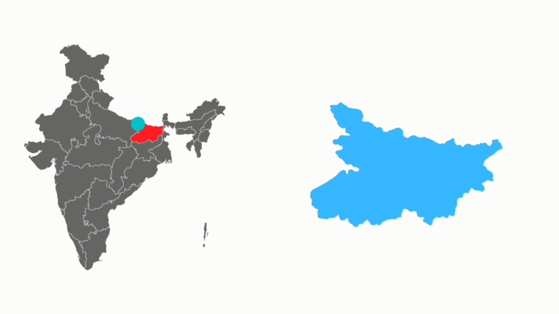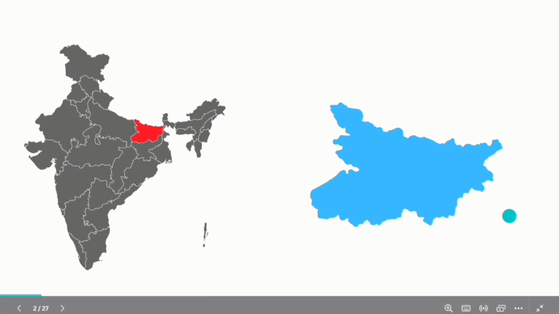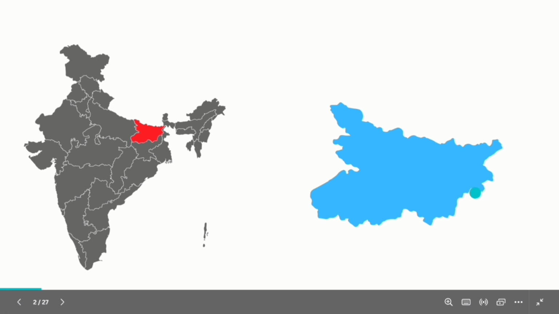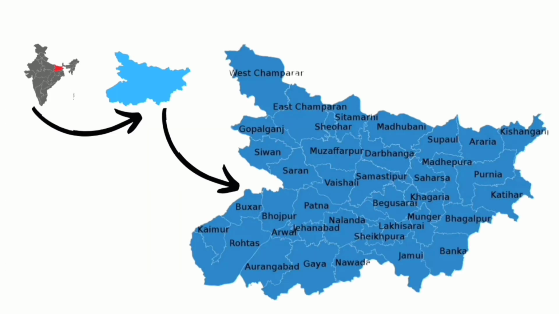There are 28 of them, and this is one such state. Let's say there is some place in this state for which we want to forecast the population. So from a country, we came to a state, which is a subdivision of a country. Then we move on to the internal divisions of a state, which here are known as districts.